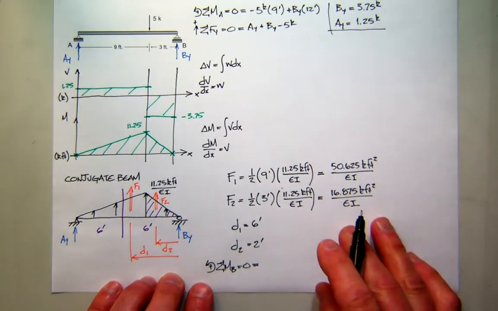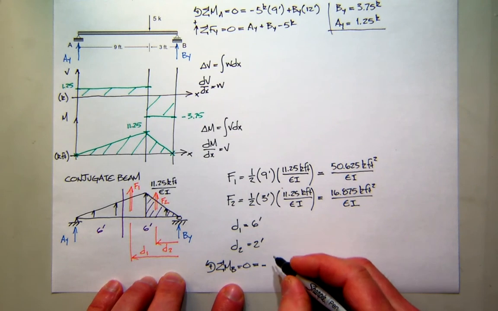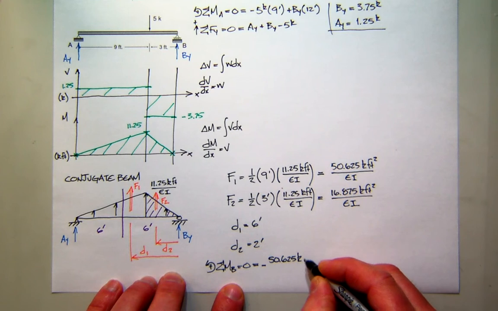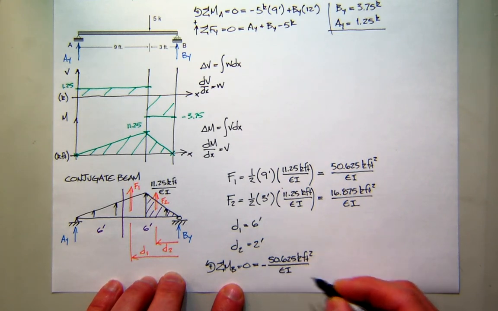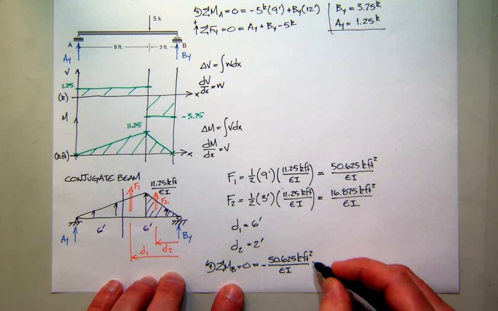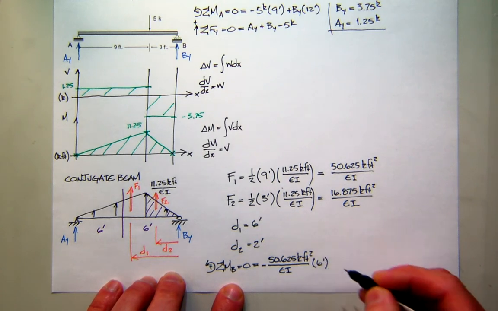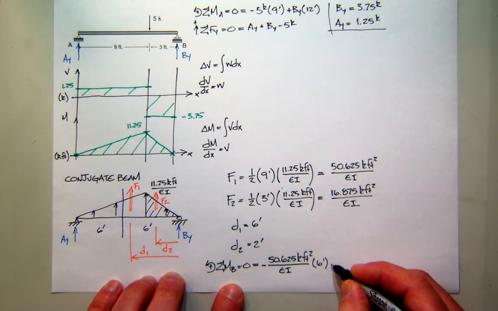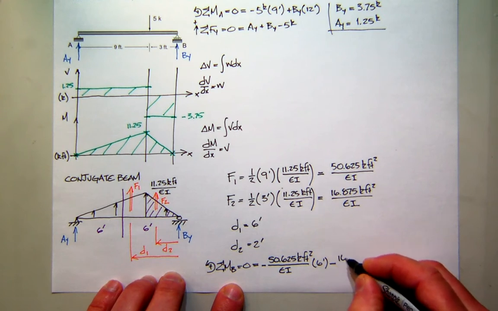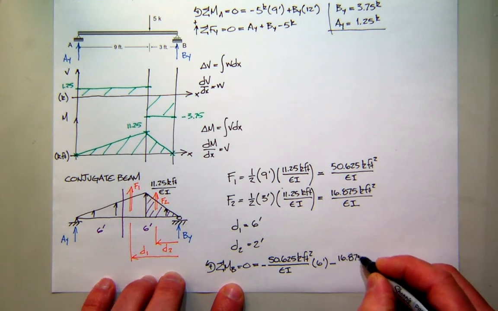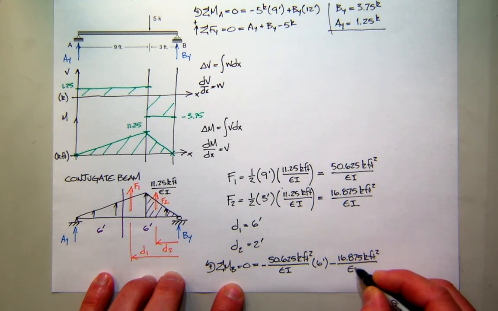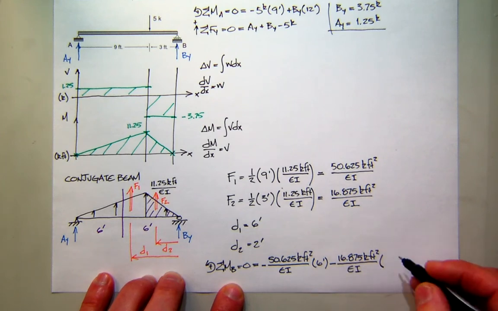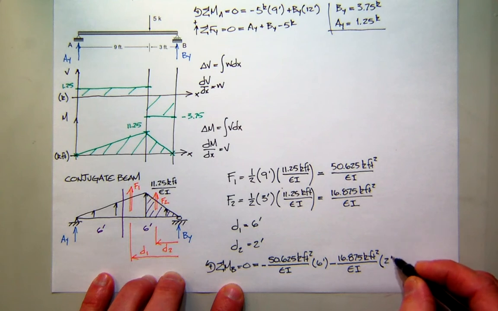So we'll start with negative F1, which is 50.625 kip feet squared over EI, times its distance D1, which is 6 feet, minus F2, which is 16.875 kip feet squared over EI, times its distance D2, which is 2 feet.